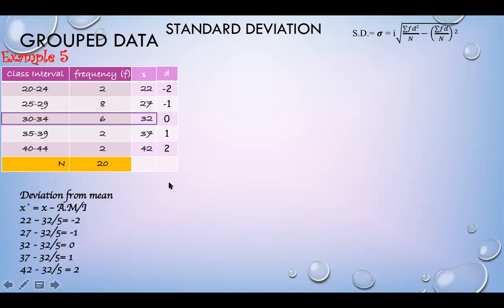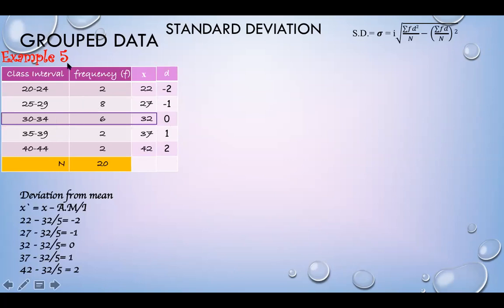But there is another method to write the deviations from the assumed mean. Here the assumed mean is this, and the deviation between this and the assumed mean is 0, okay? And then we see the class interval is in increasing order. So the class intervals which are above the assumed mean will have negative deviations, and class intervals which are below the assumed mean will have positive deviations.